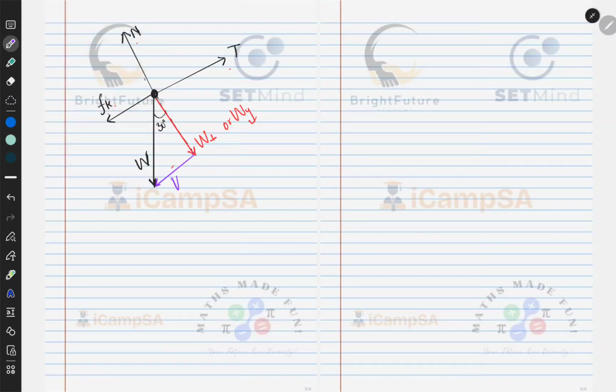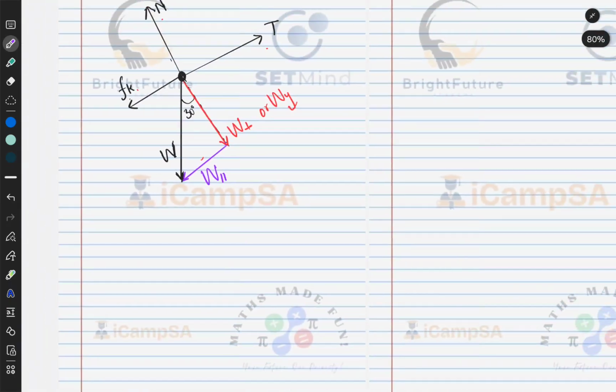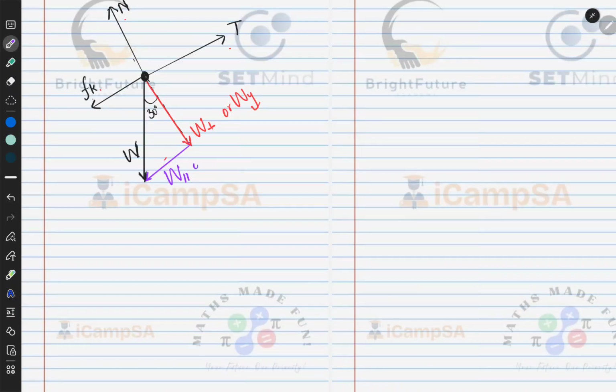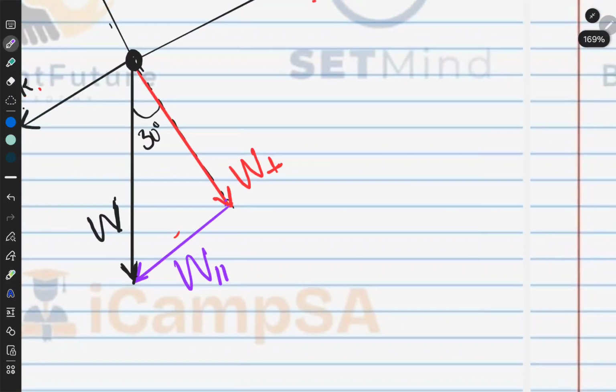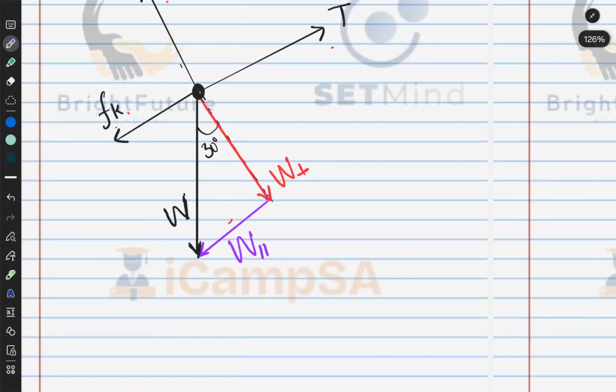We usually call it weight parallel because it's parallel to the x-axis, and weight perpendicular is perpendicular to the x-axis. All right, so now we have these two. Depends who teaches you physics, but let's use the most common convention, which is weight parallel and weight perpendicular.